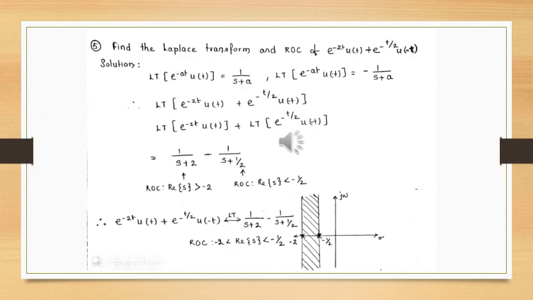Here, we don't have a minus sign for the signal, so we have e raised to minus at u of minus t, and that negative sign can be added in the transform, so we have minus 1 divided by s plus a. These two we can use as a reference formula which we have already derived for previous problems.